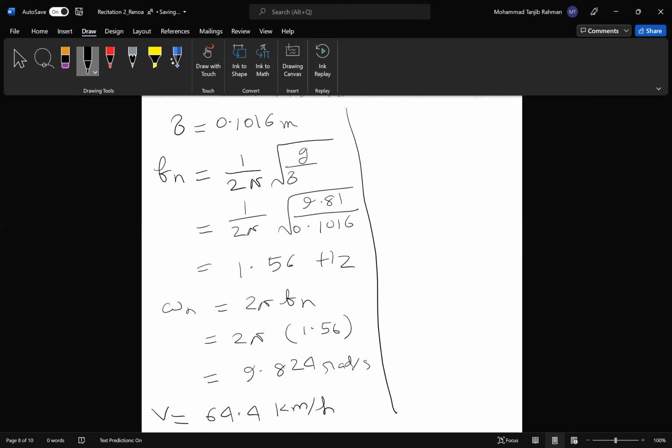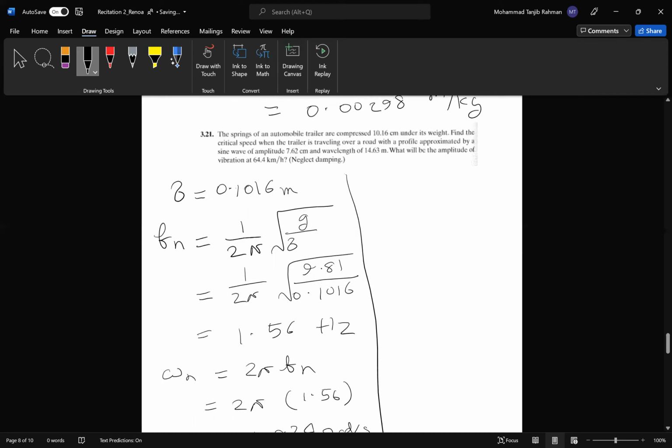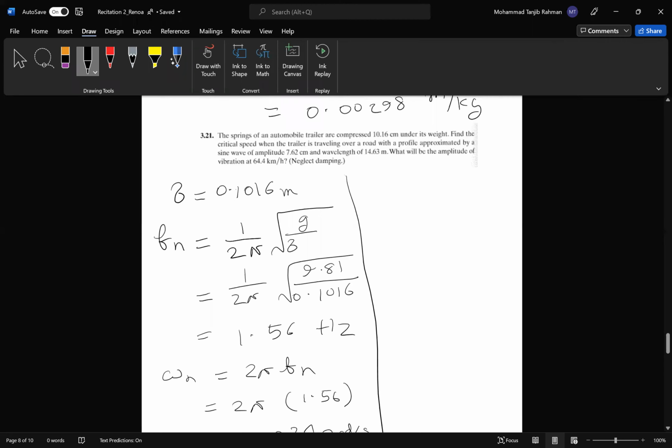So we know F is equal to, we can also write it as F is equal to V by wavelength. Here, this is wavelength.